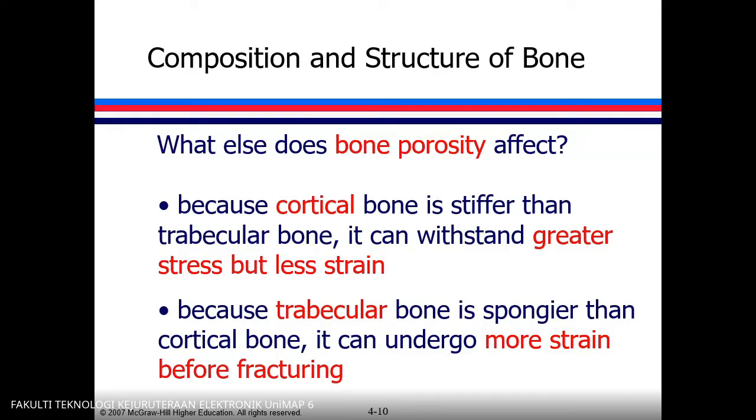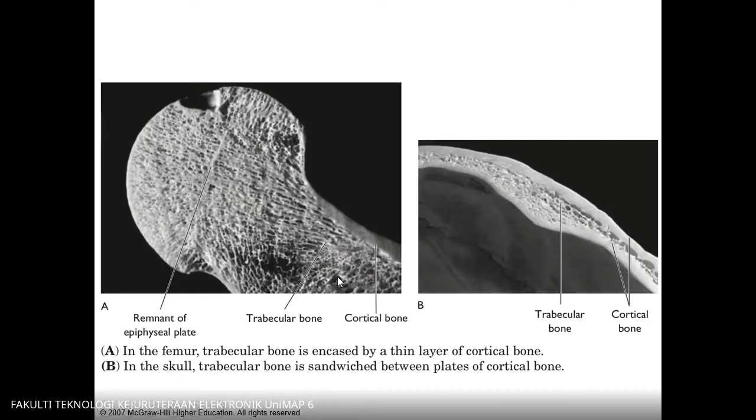Nampak dekat sini, we have trabecular bone and also cortical bone. Nampak dia punya perbezaan. So let's say I ask you, can you sketch and differentiate between trabecular bone and cortical bone? Then you need to draw. For trabecular bone, it has many holes.